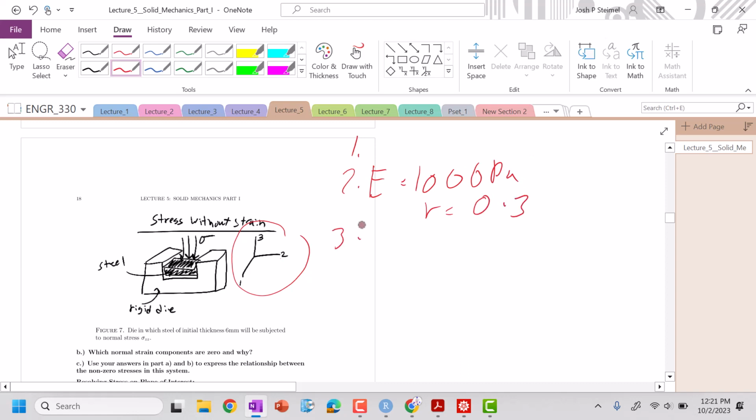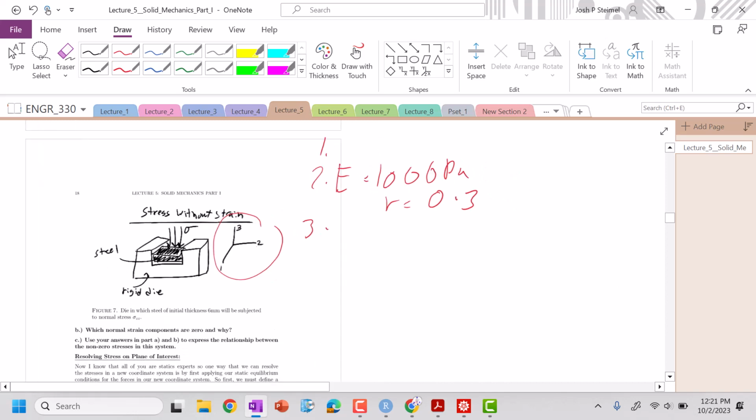Our third step, we want to start to write out our stress and strain tensors and see what exists and what does not exist. We can do the same thing for strain as well. So for stresses, clearly there's some stress pushing the material down in the 3-3 direction, and this should be a negative stress, but we don't know what this value is.